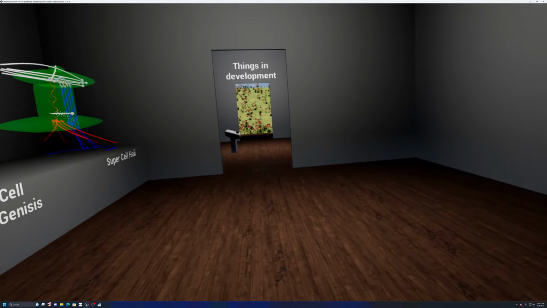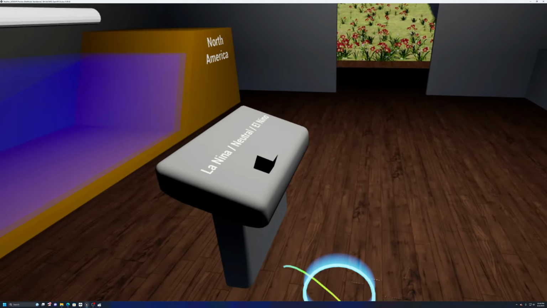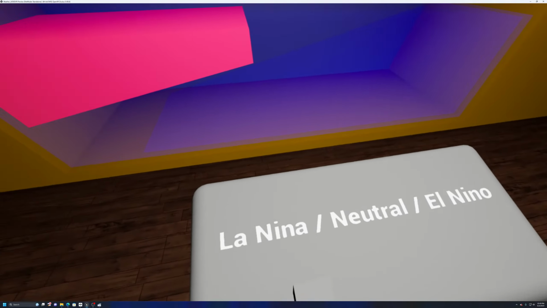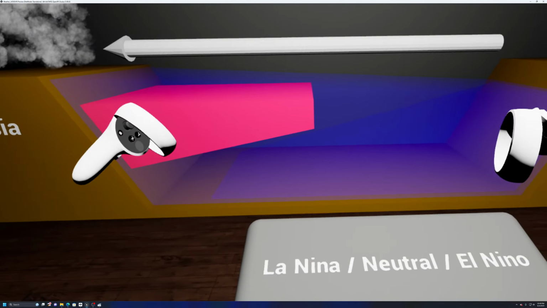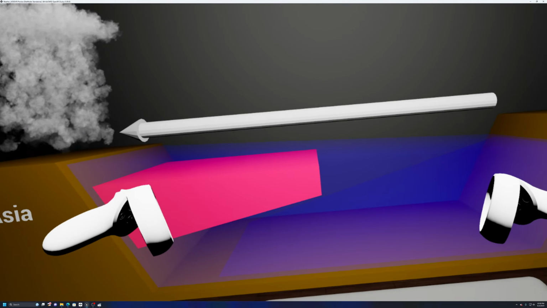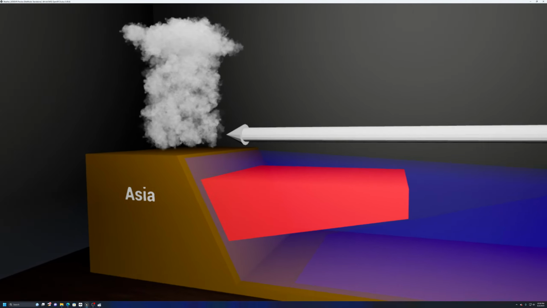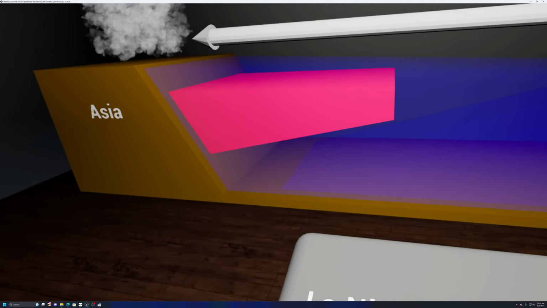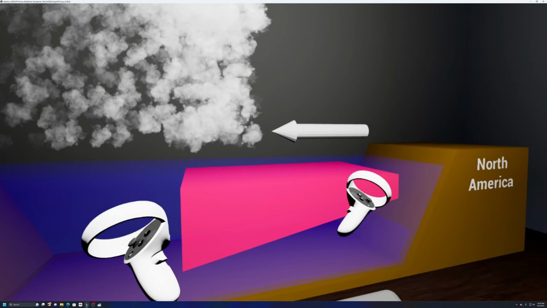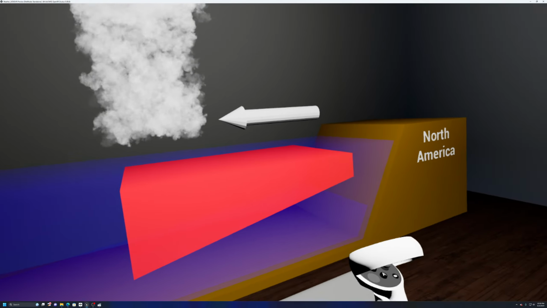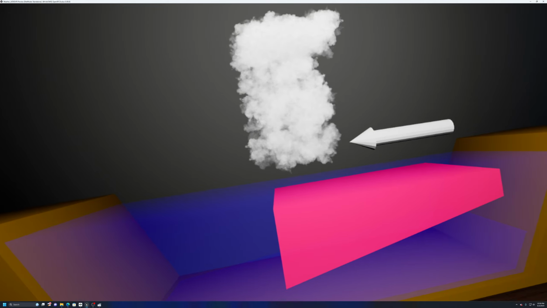And we have two different interactable actors here, and we have the El Nino, which right now we're crossing into an El Nino phase ourselves. And if you change this over to an El Nino, we get warmer waters off the coast of North America, and we get more storms in the central.